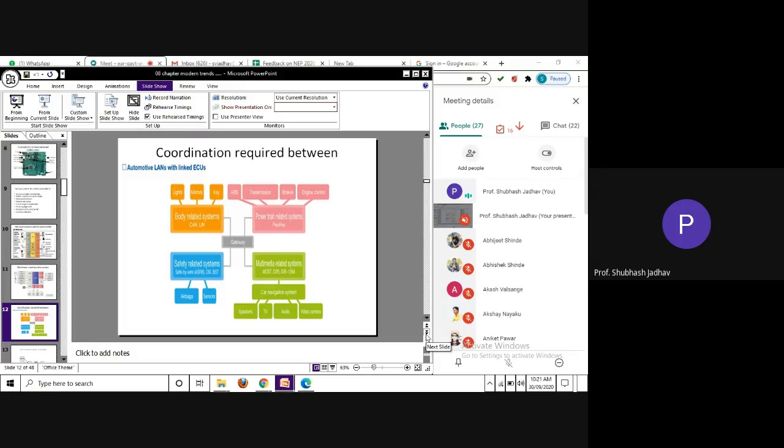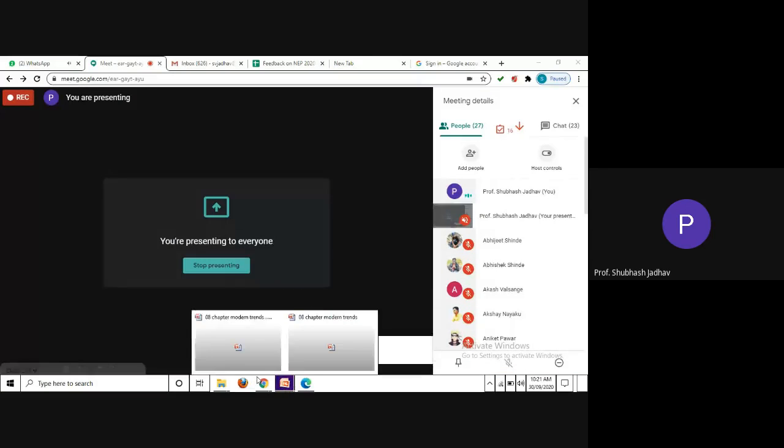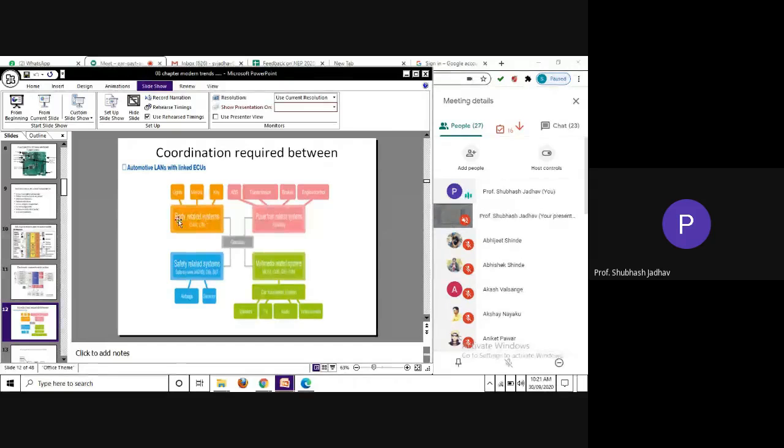And many times many systems' ECUs act in coordination. In this slide, these particular ECUs are categorized into 4 different categories. The different categories are mentioned over here. You can see some body related things are there, the parameters which need to be controlled.